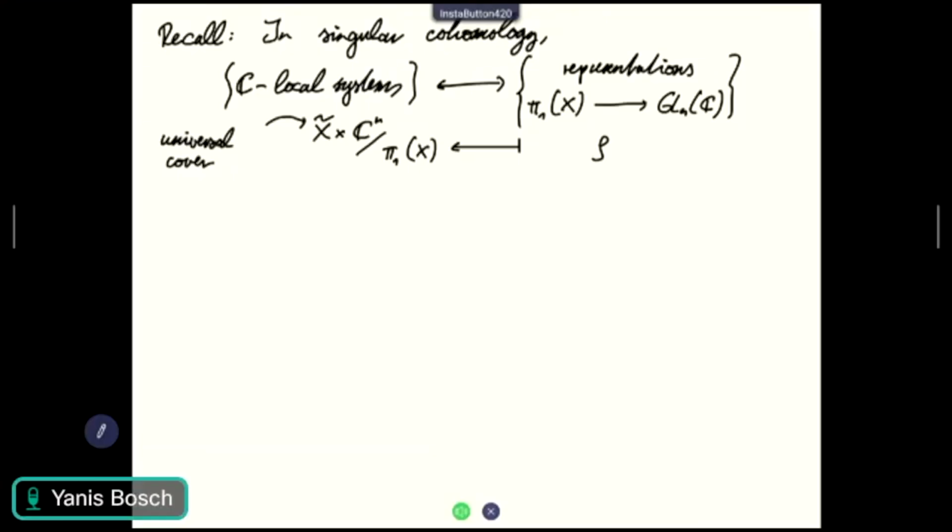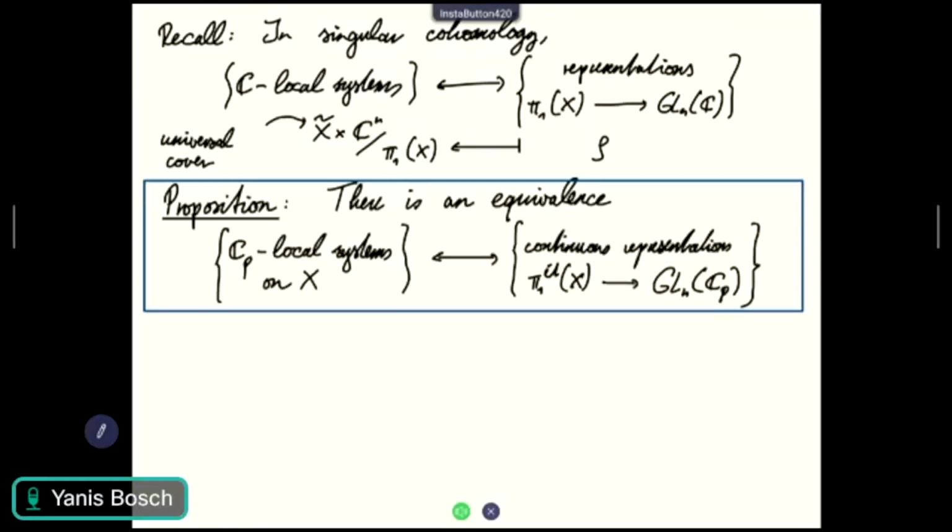The way this worked is that I take a representation and then I send it to a descent datum for the constant local system on the universal cover. So I take the universal cover and then the constant local system and then quotient out by some diagonal action. One can ask if there's a similar construction in the p-adic world for p-adic local systems. And this is where the perfectoid spaces will appear now.